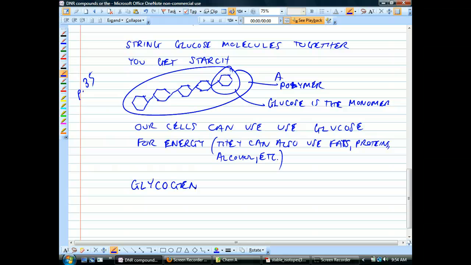But your body also makes something called glycogen, which is a polymer of glucose that can actually be produced by your body. Oh, I want to say it's stored in the liver and maybe some other places, like maybe in muscles. I got to look that up. But this is how your body can store it for quick use.